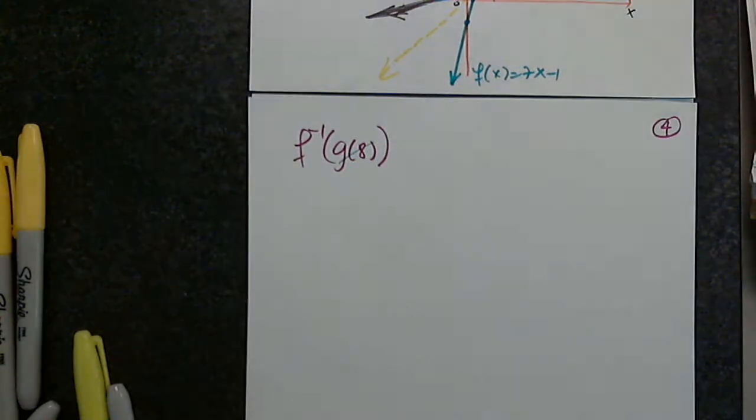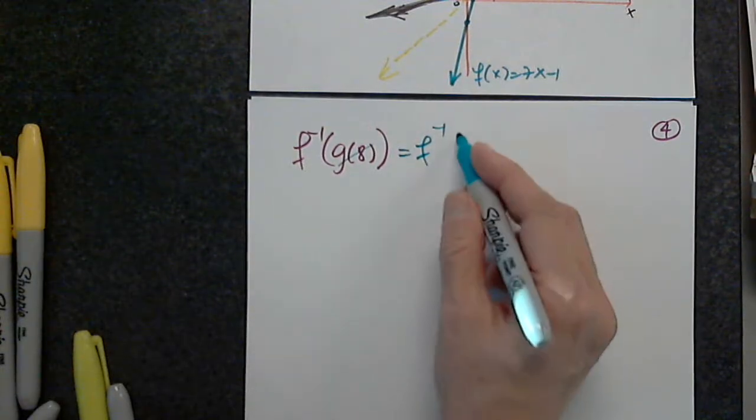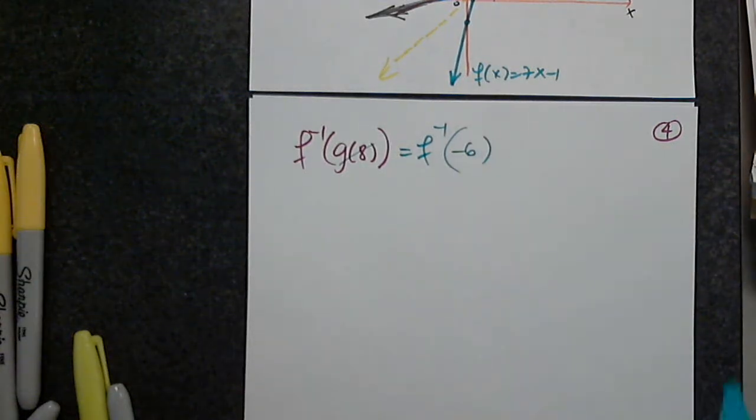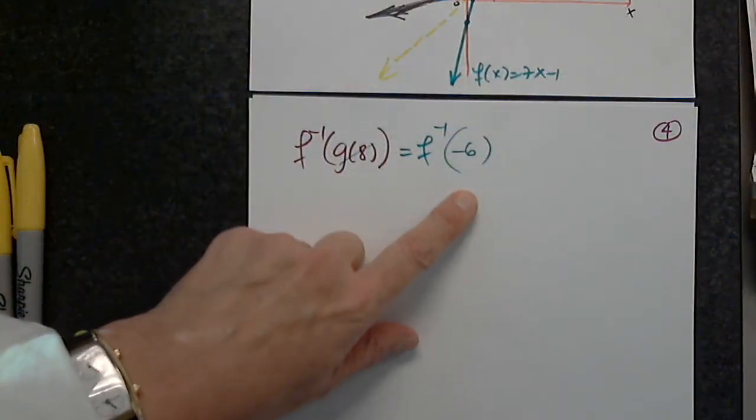That's exactly why I show this, and I advise you not to cross it out, just to remember that that's the starting point. Very good. So this is F inverse of -6. Do you all agree with -6? We do? Good. So now we are asked to find F inverse of -6.